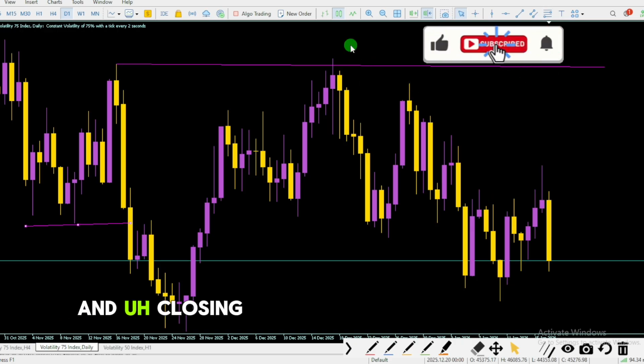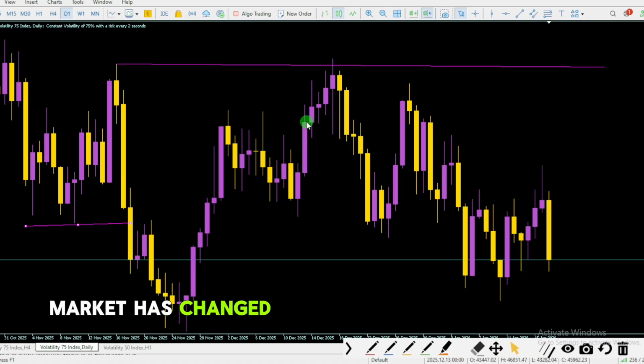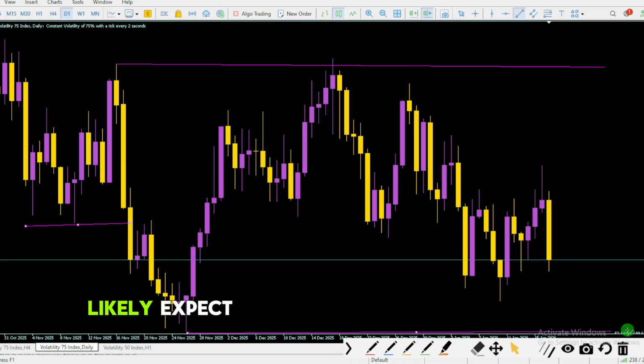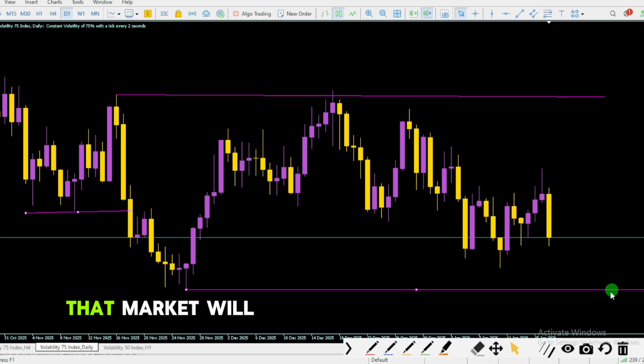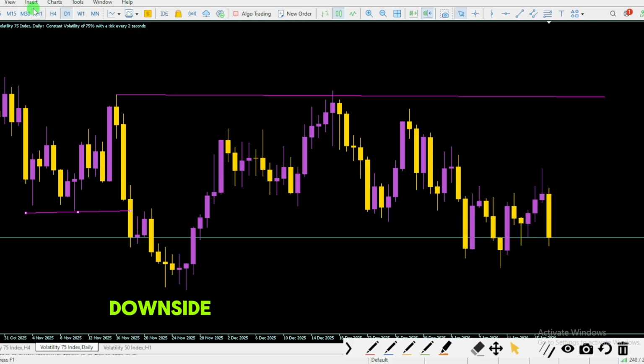And closing means until the market breaks and we have a candle body close above this line, then we will know that the market has changed direction to the upside. But right now, because it's in a downtrend, we would most likely expect that the market will come and break this particular low so as to continue on the downside.